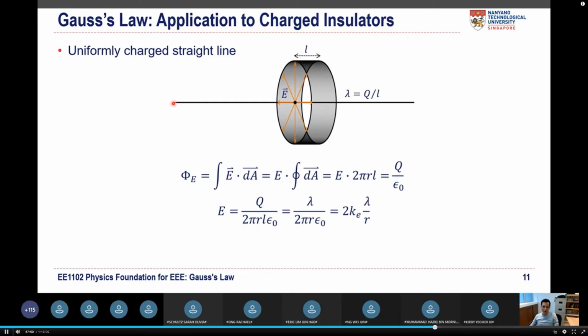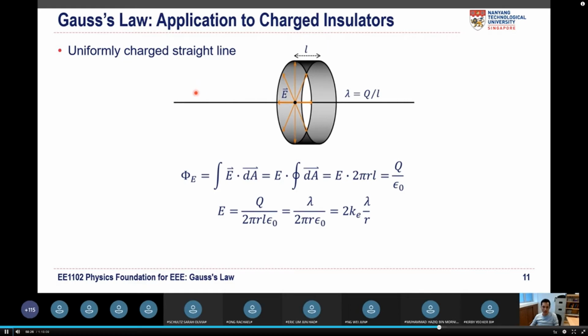Now, if this is very long, let's say infinitely long, then we know that any horizontal components would have to cancel out, because each of these charges is creating an electric field radially outwards, but the field created this way by that point is going to be cancelled out by another charge radiating the electric field that way.